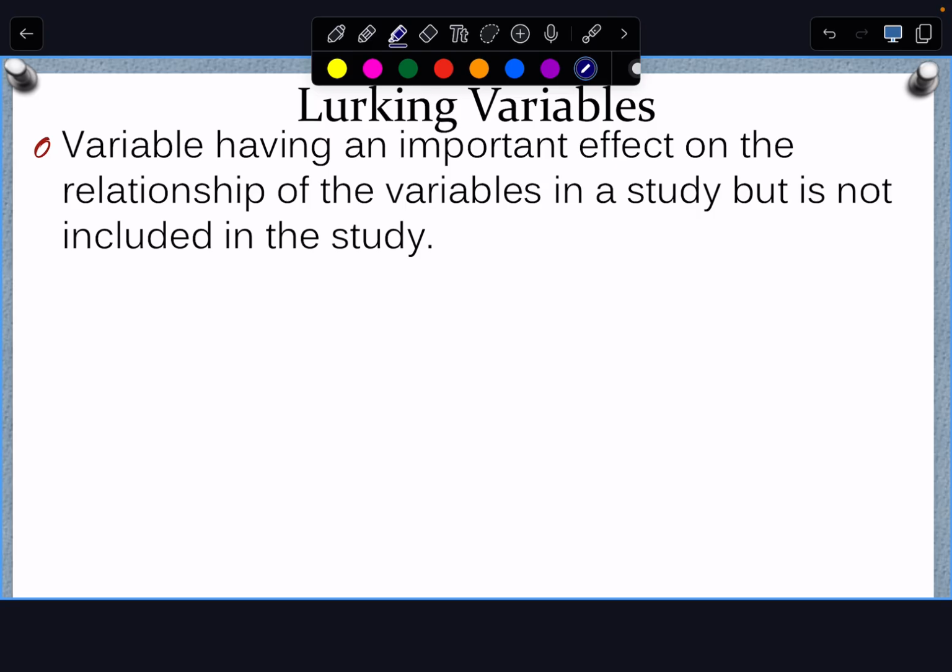So when I go back to that example, we looked at shoe size versus reading ability. So we saw the positive association, the strong linear relationship, but what we didn't account for was age and grade level. So there were lurking variables that were actually driving that relationship that we saw. It wasn't the shoe size driving the reading ability. It was something in the background that we didn't take a look at.